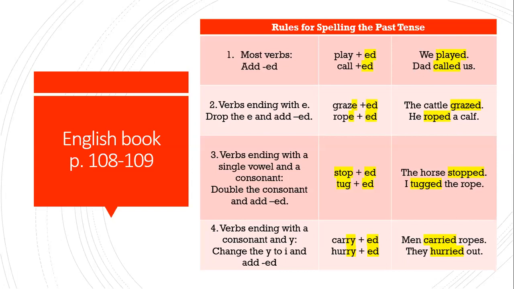Tug changes from tug. When you look at it, it's a one syllable word. And I hope that when I talk about one syllable words, you know exactly what it means. When you break down a word, how many syllables does it have? For example, dictionary. How many syllables in dictionary? There are 4 syllables in dictionary.